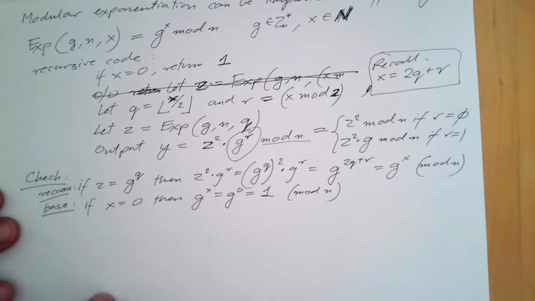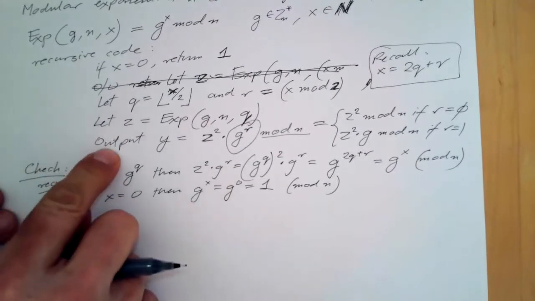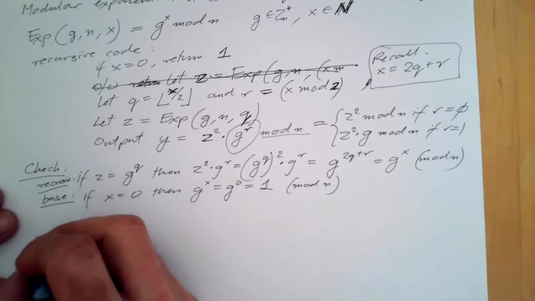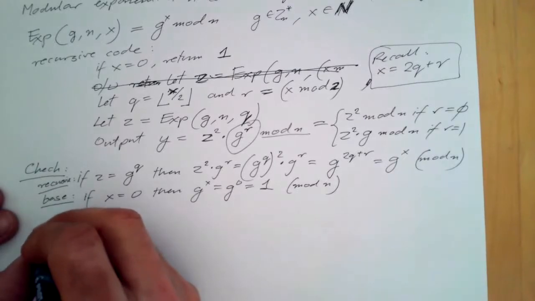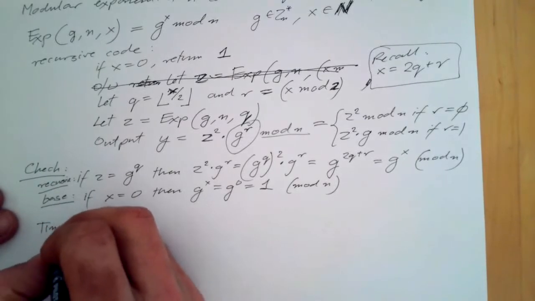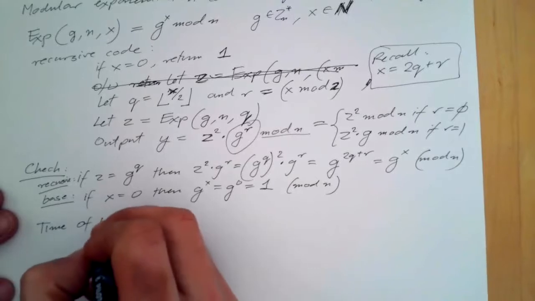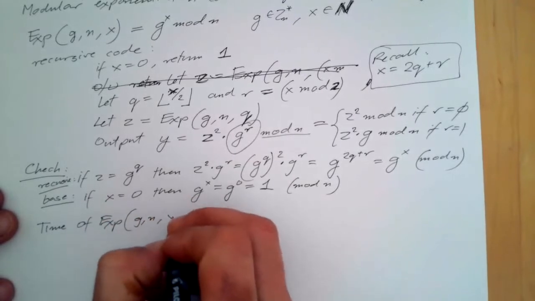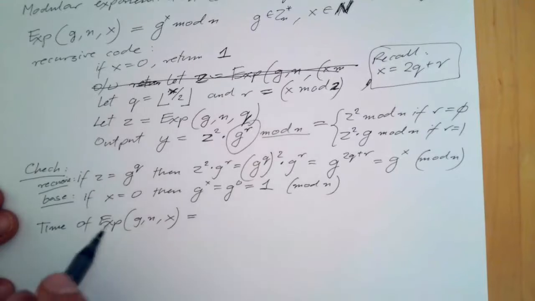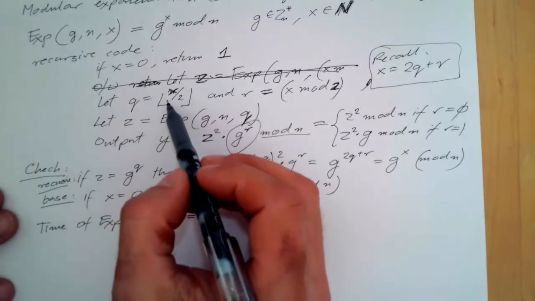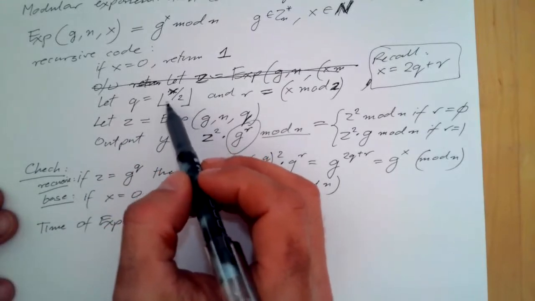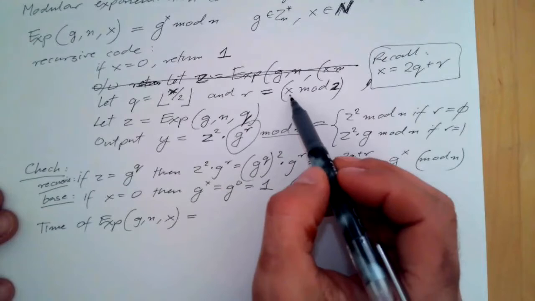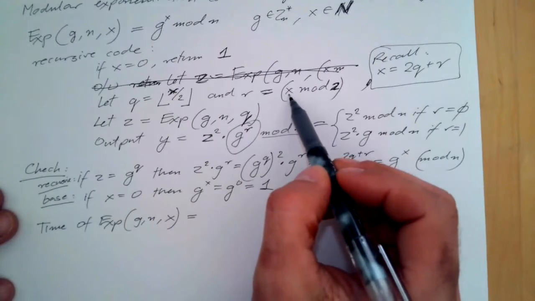Why is it fast? What is the time of the algorithm on G, n, X? Well, taking mod 2 is just a check of the last bit of X, so it takes essentially no time.